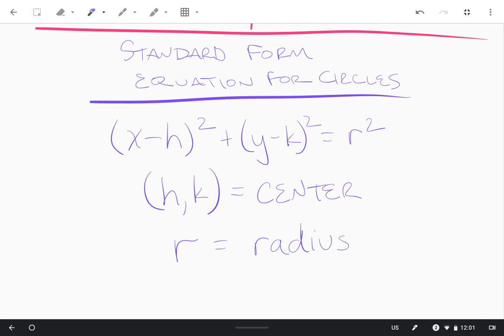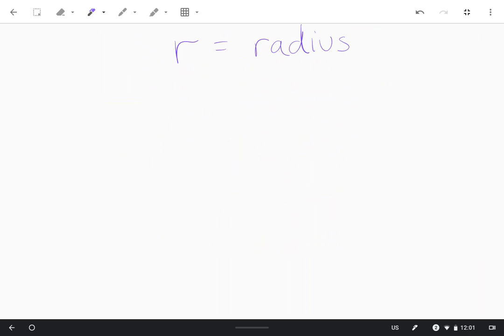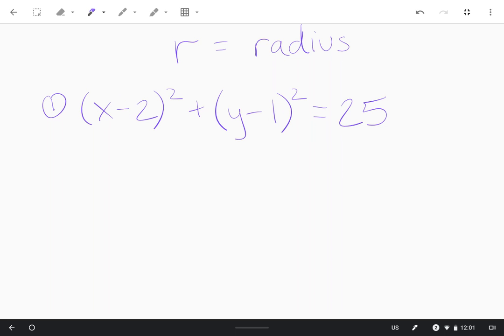So what does this look like? Let's walk through a few different examples. So I'll just make up a couple. Let's say I have the following: x minus 2 squared plus y minus 1 squared equals 25.